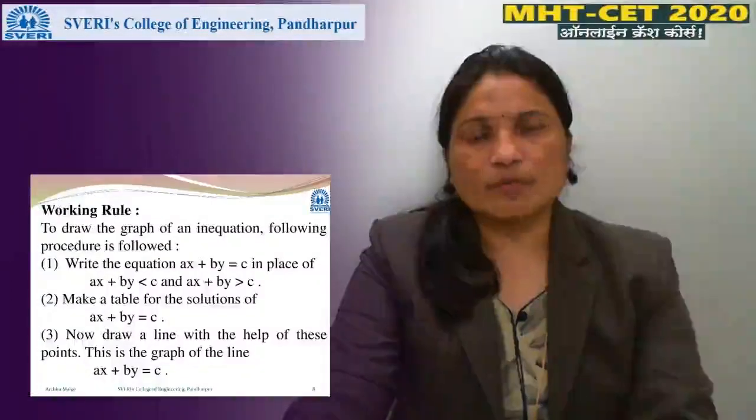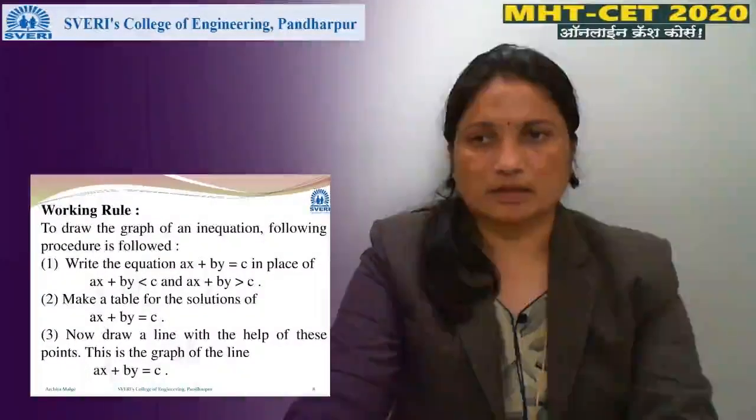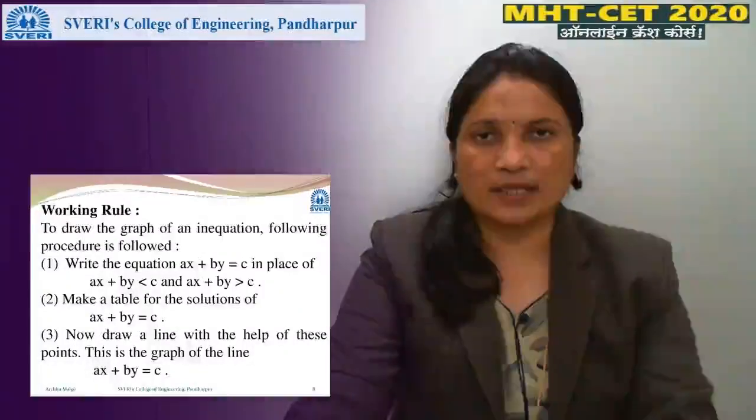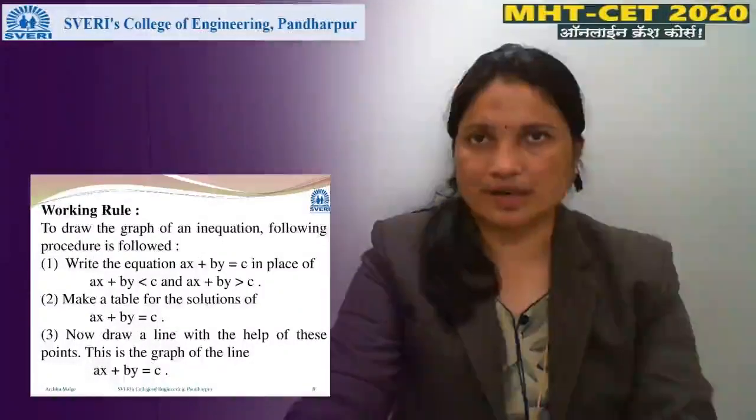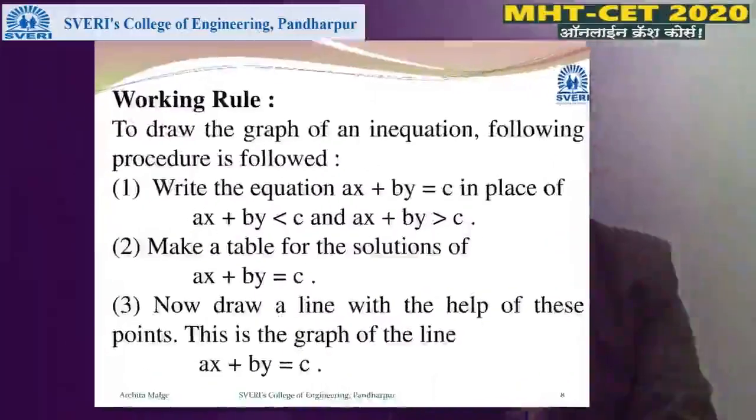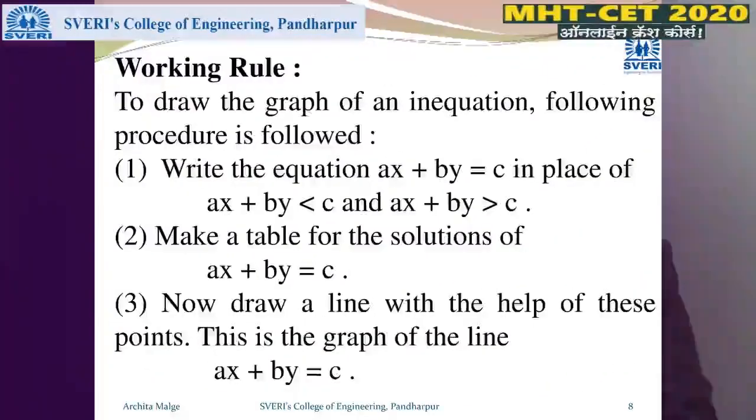Now we are going to see the working rule of these. By using these inequations, we can find out graphs. To draw the graph of an inequation, we can use the following procedure. The first step of the working rule: write the equation ax plus by equal to c, and make a table for the solution of ax plus by equal to c.